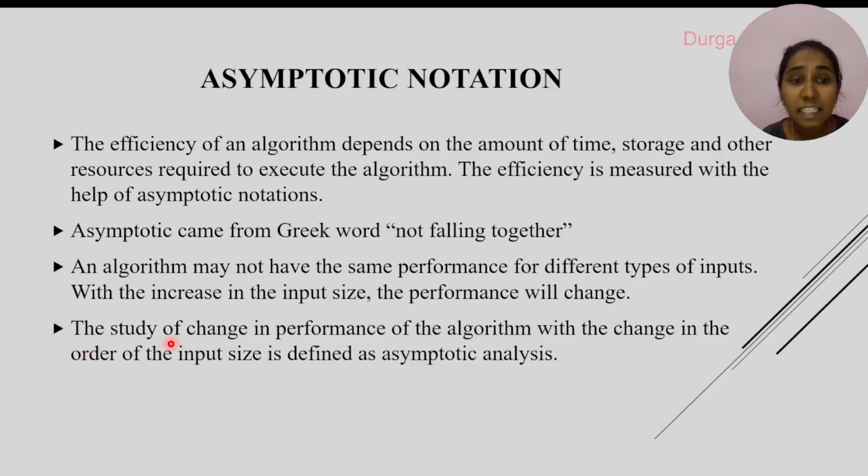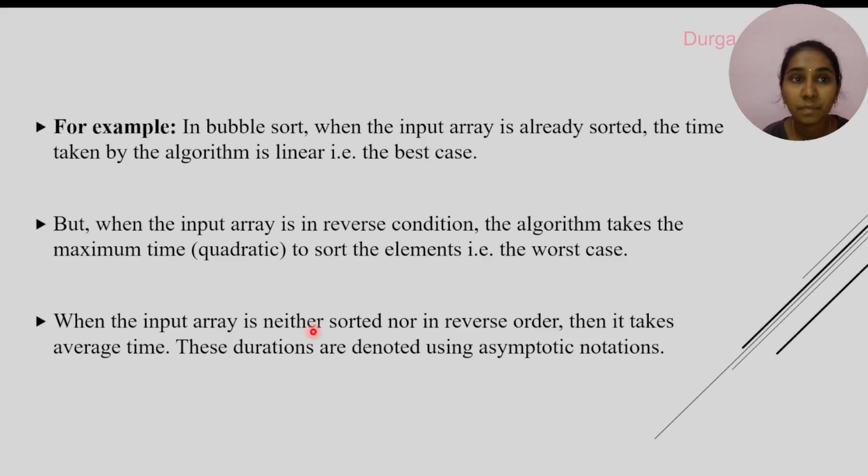The study of change in performance of the algorithm with the change in the order of input size is defined by asymptotic notation. See this example. In bubble sort, when the input array is already sorted, the time taken by the algorithm is linear.